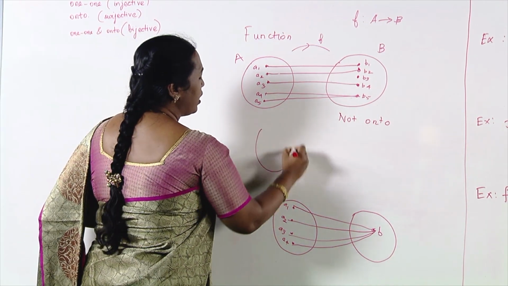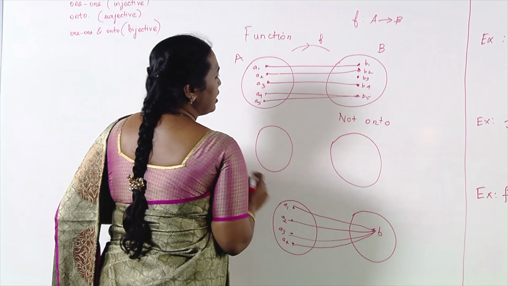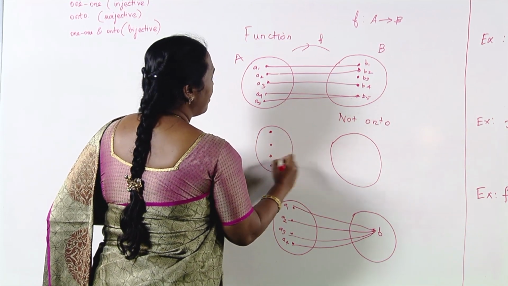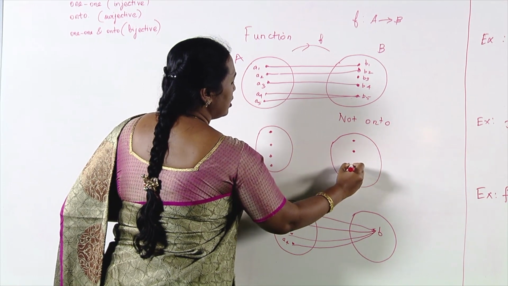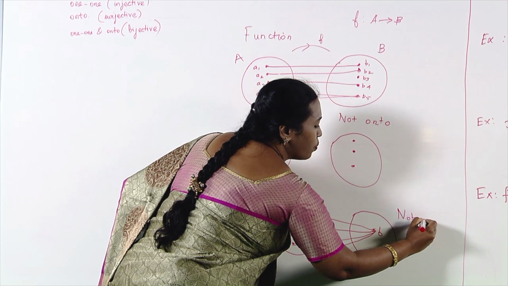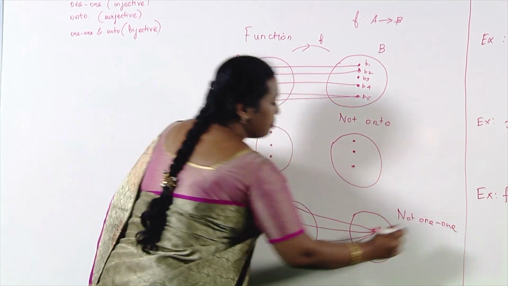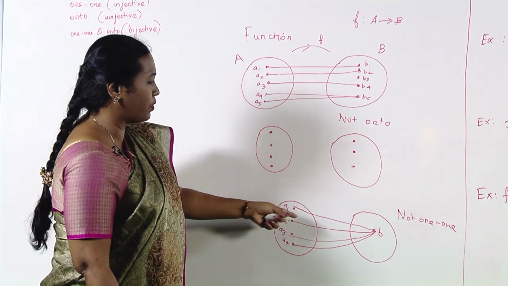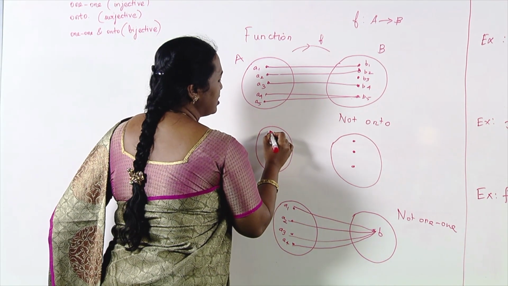Whereas, what is 1-1? 1-1 is they all have unique images. Now, this example is not 1-1. Why? Because all of them are mapped to the same element here. So, it is not 1-1. So, a 1-1 function will look like this.